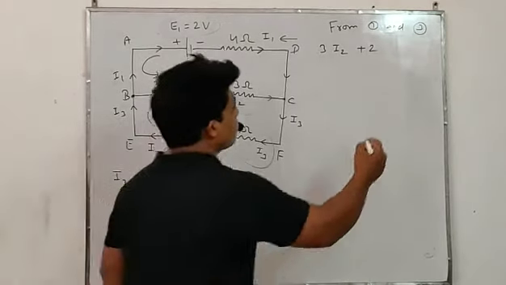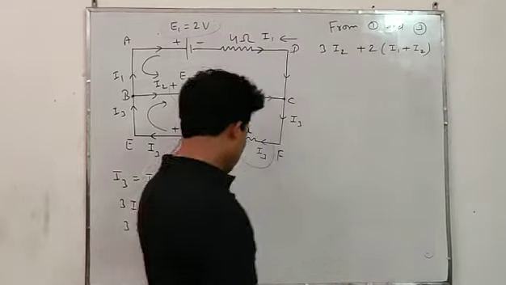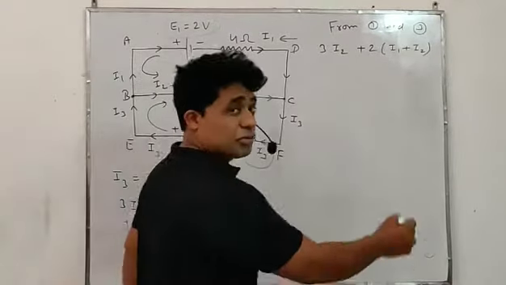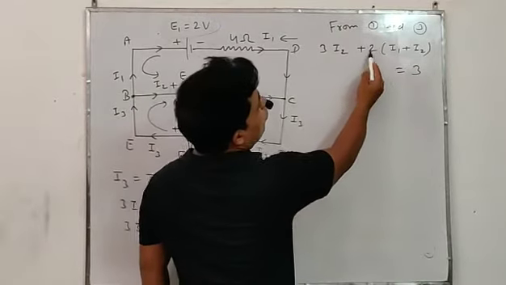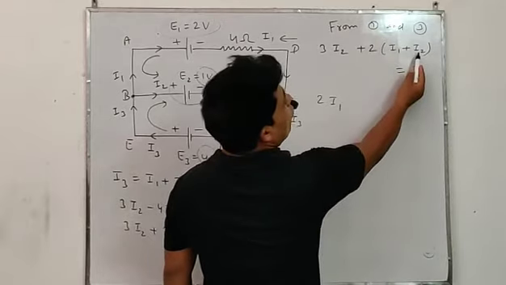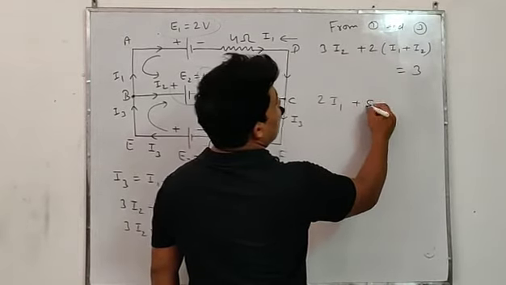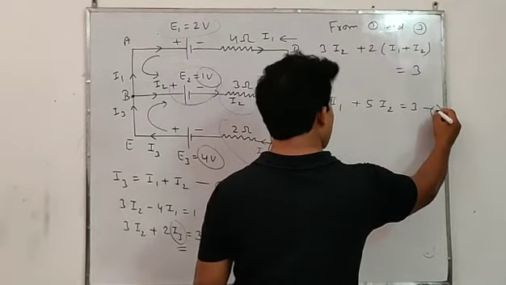So I am going to write here I1 plus I2, and on the right side there is 3. Now arrange it: 2I1, 2I2 plus 3I2 becomes 5I2, equals 3. Give this as equation number 4.